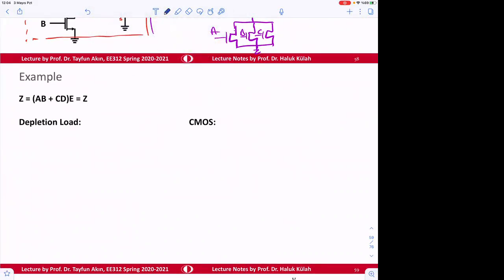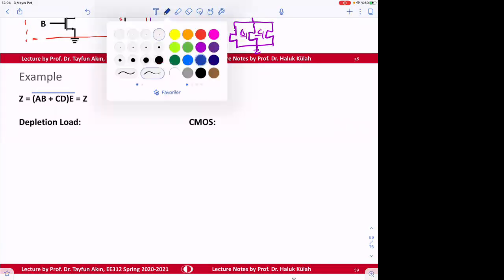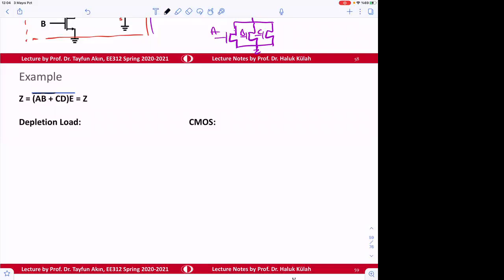A and B. Uh-oh. There should be a bar here, right? Because without the bar, it's difficult to implement this. Either we put bar here, or we need to put an inverter at the output. So let's put a bar here so that it's more convenient for us to solve.